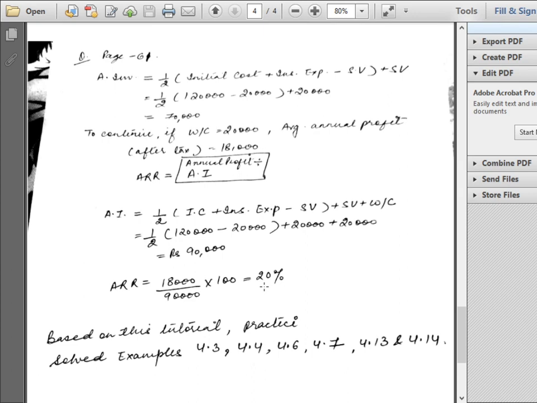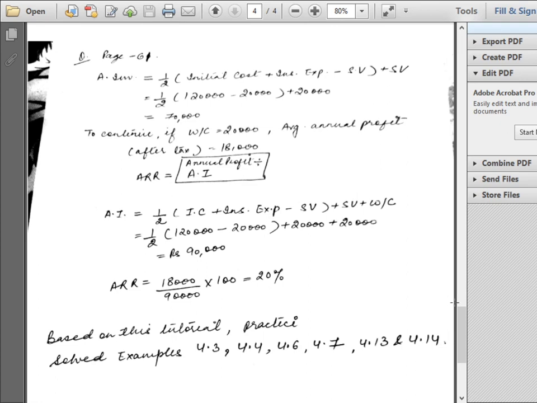After this tutorial, we have discussed how to solve the question of IRR, we have discussed how to solve NPV, we have discussed the solution of ARR, and we have also discussed the solution of payback period and profitability index. That is, we have covered all the techniques of discounting and non-discounting methods for evaluating capital budgeting decisions.